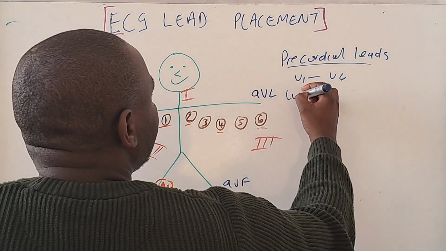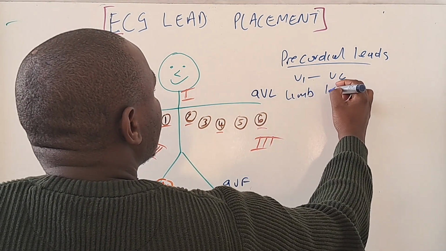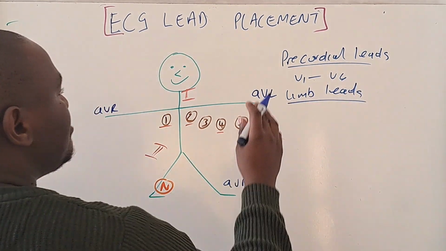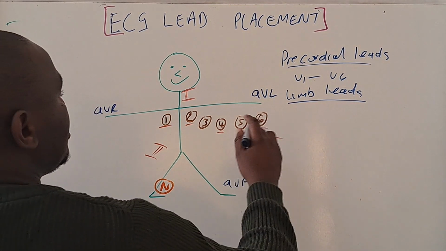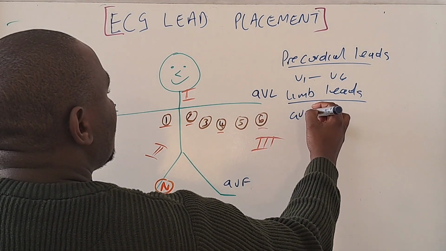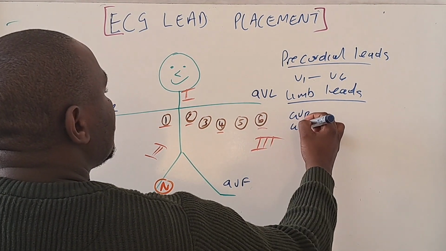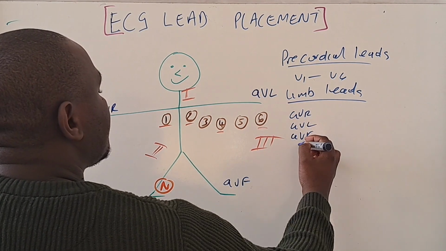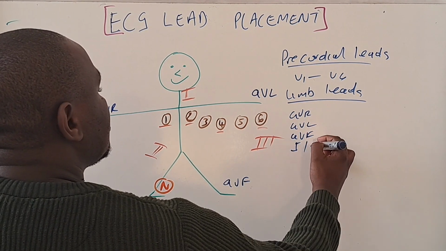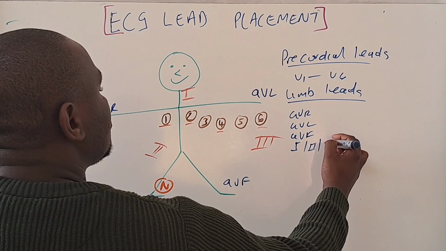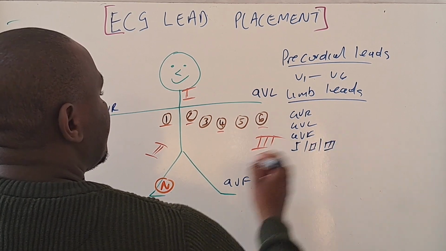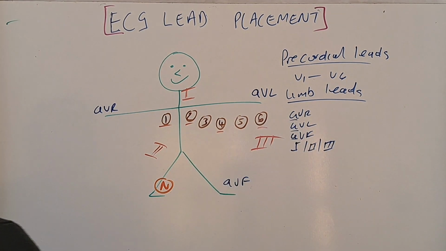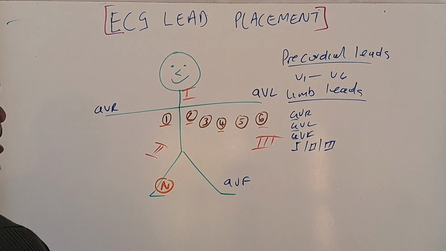Then we've got our limb leads. Our limb leads are your AVR, AVL, AVF, lead 1, lead 2, lead 3. So these are augmented leads, the A augmented leads. So those are our limb leads.